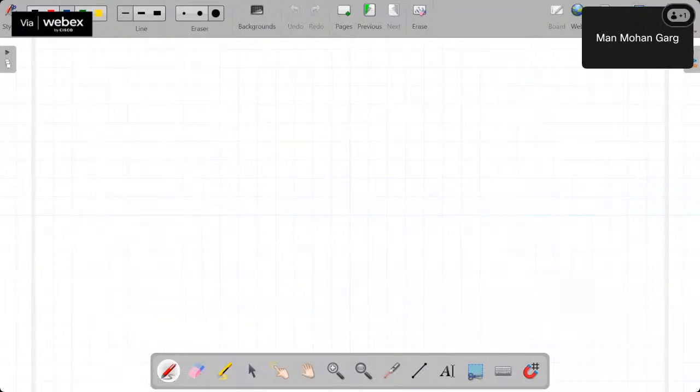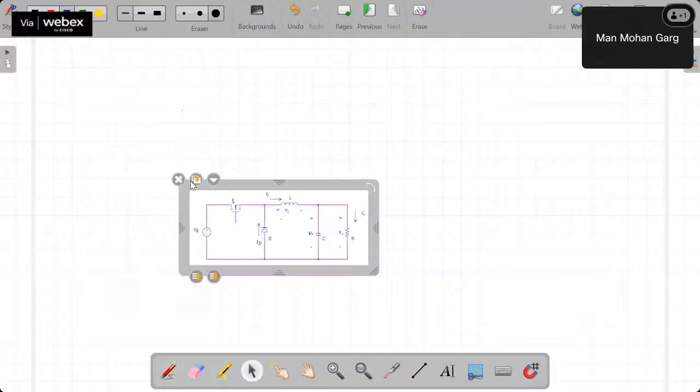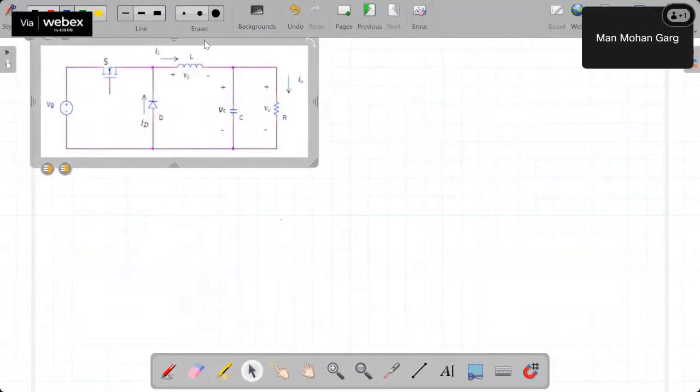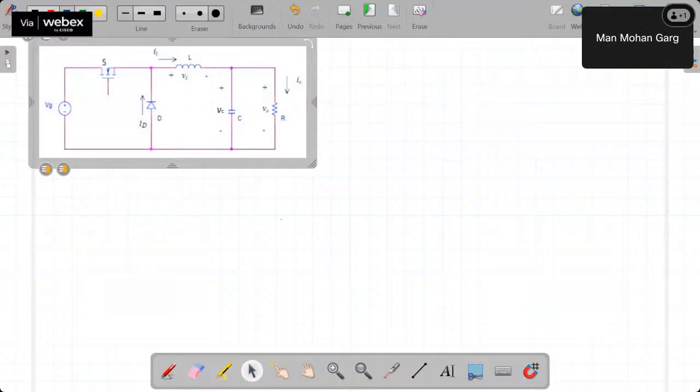Now, next is we will implement whatever we have discussed so far. We will try to obtain the model of a DC to DC converter, and how these equations help us, that we will try to find. So let's say this is a buck converter.